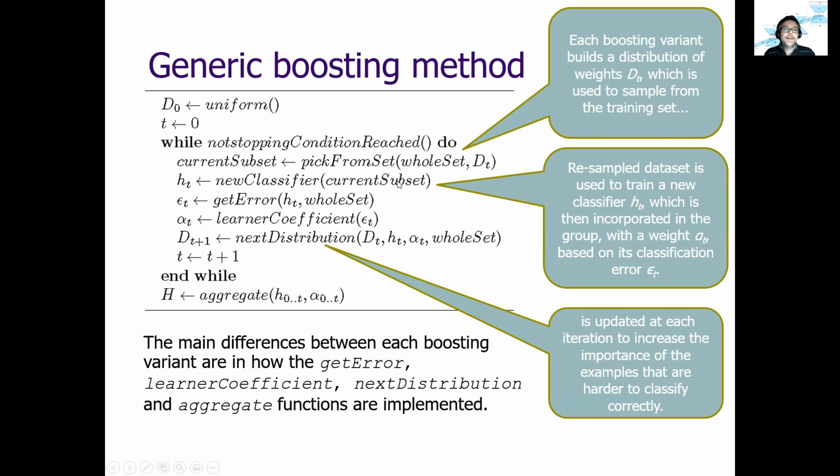Another important thing is how you are going to train the new classifier that you are going to produce, the new member of the ensemble. So you are doing the resampling. You have a new subset that you can use to train a new classifier, that's HT.